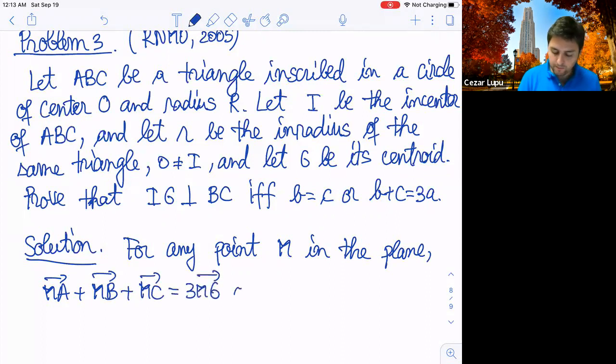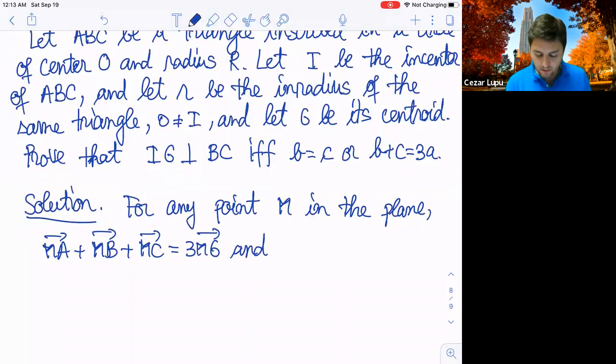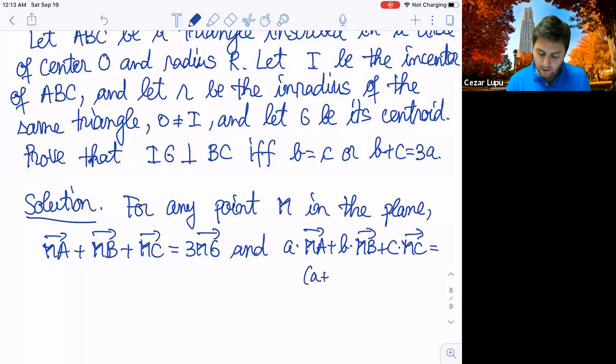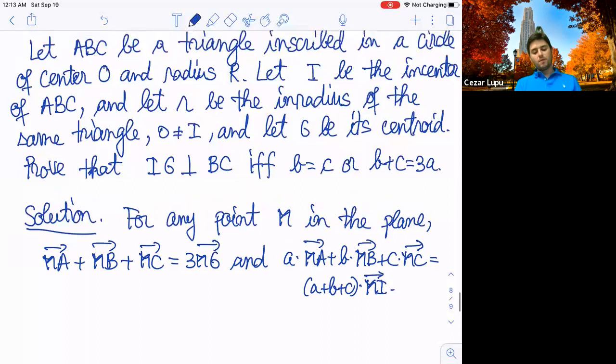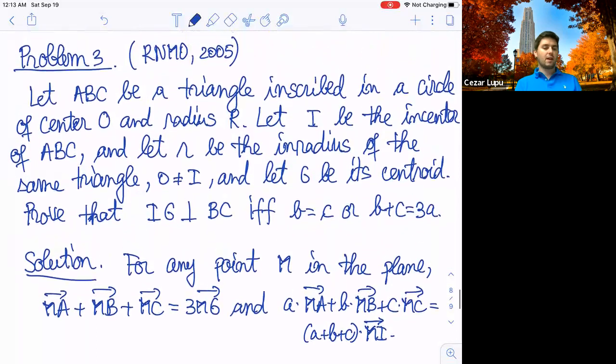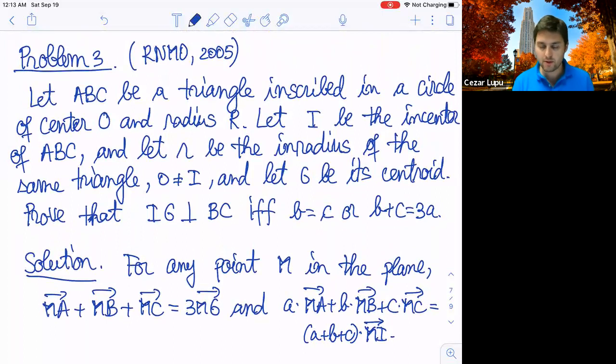And also, and we actually proved this, we have that a times MA vector plus b times MB vector plus c times MC vector is a plus b plus c times MI vector, right? We proved the first one, and the second one, I told you it's very similar in nature with the first one.